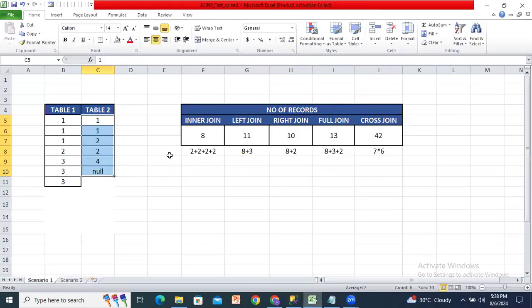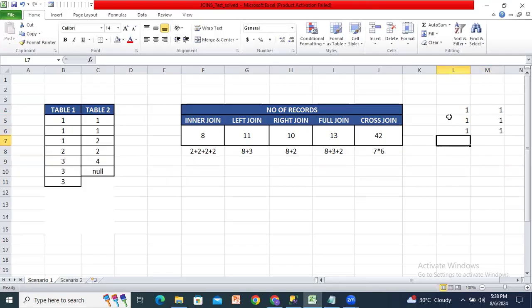How is the output? One is joining with this one, like 1 and 1. The next one is joining with this 1, and the next one with this one.